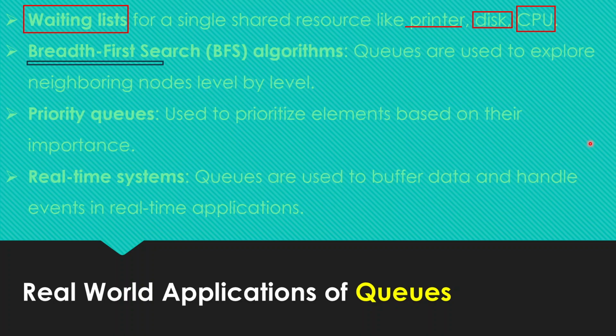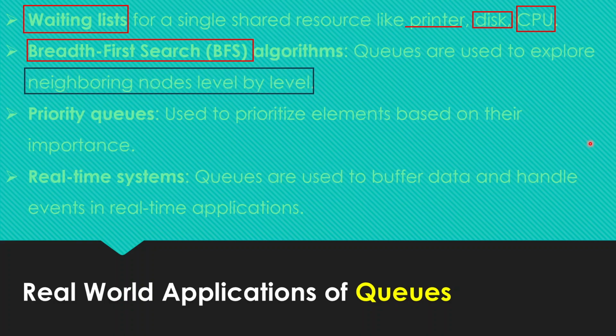Queues are also used to implement breadth-first search algorithms. So when we learn this, you're going to understand this more, because they're used to explore the neighboring nodes level by level, the nodes that are next to each other. They're also used to implement priority queues, which are used to prioritize elements based on their importance.